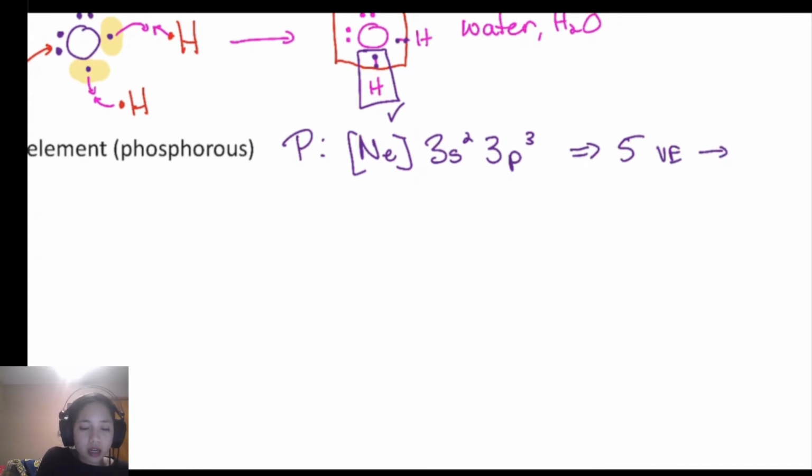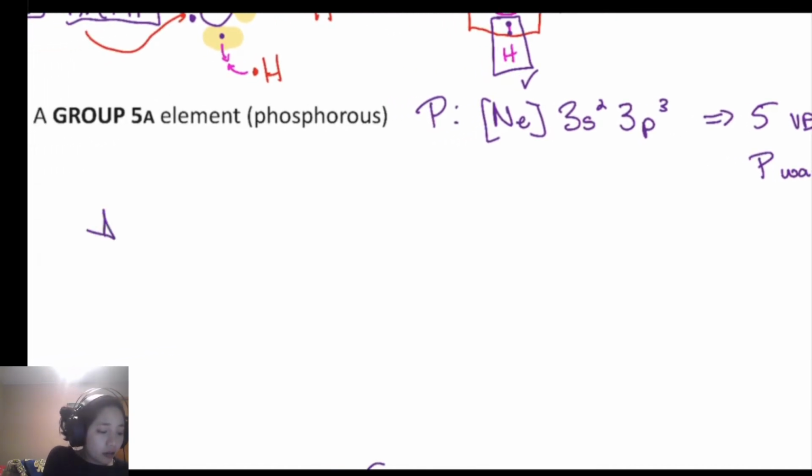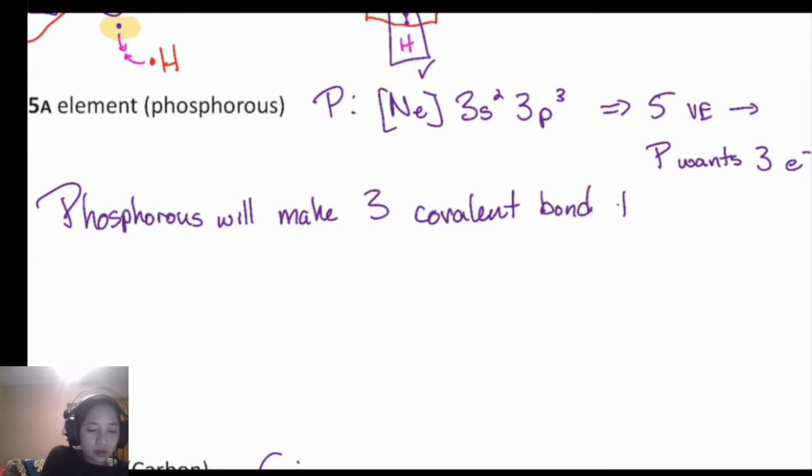That means phosphorus wants 3 electrons to fulfill its octet. So that overall means that phosphorus will make 3 covalent bonds to fulfill its octet.